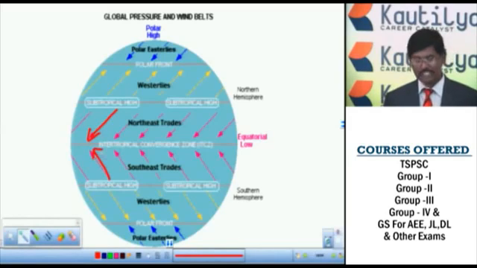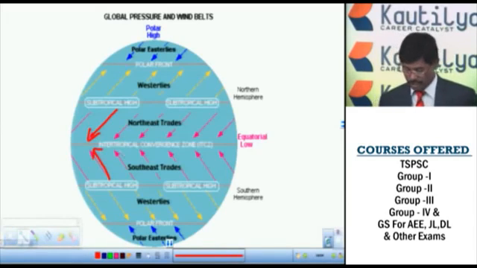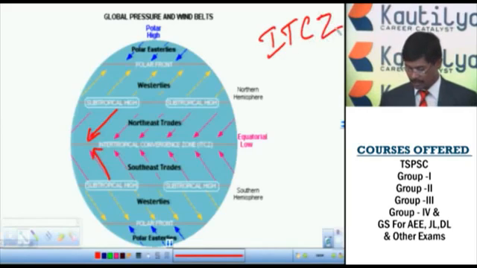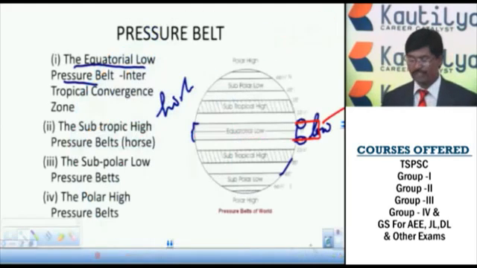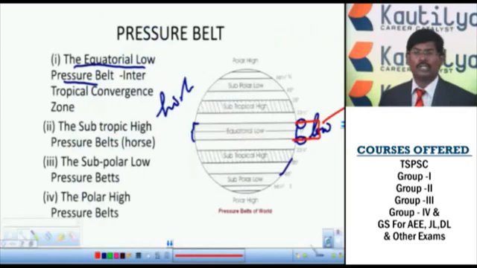That's why this zone is called the intertropical convergent zone, because winds generally move from high areas to the low areas.